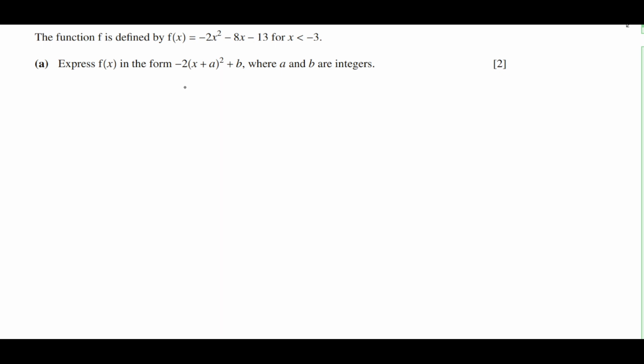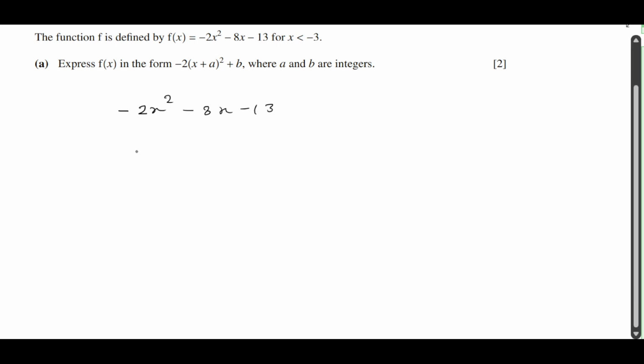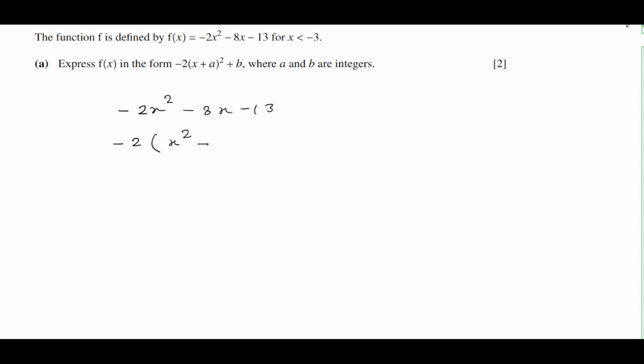Here, I will take the -2 common. First let us write the whole expression: -2x² - 8x - 13. Then taking -2 common, it will be x², this minus will become plus 4x, and I will close here, and this -13 I will write separately.